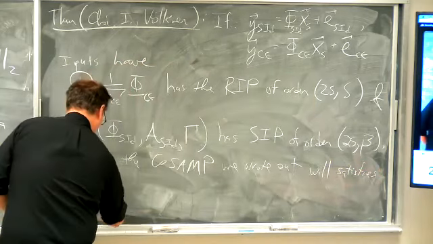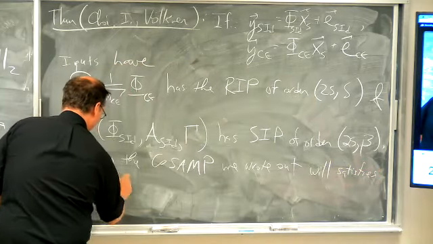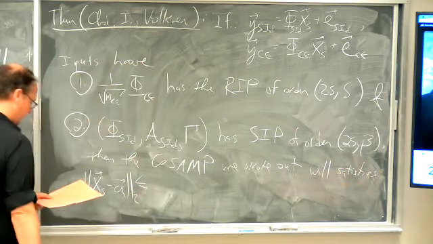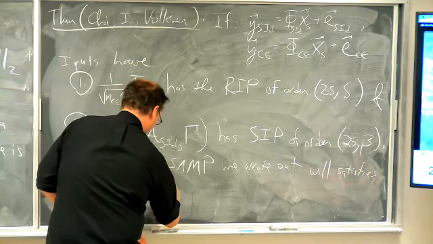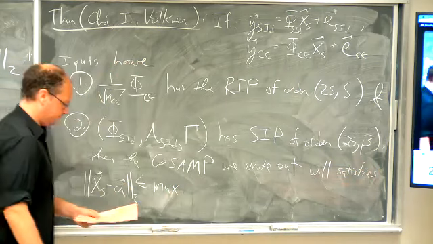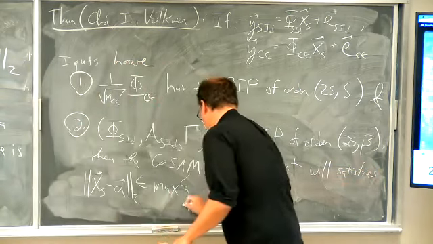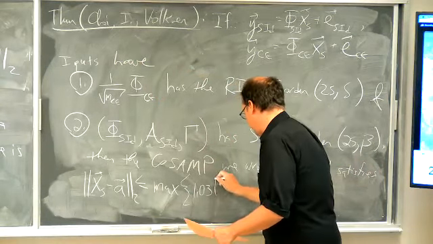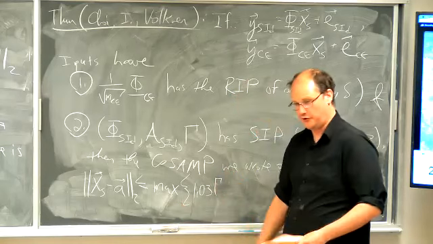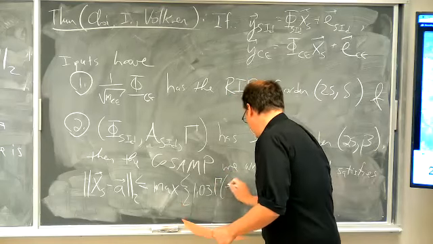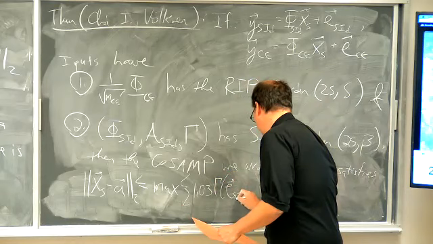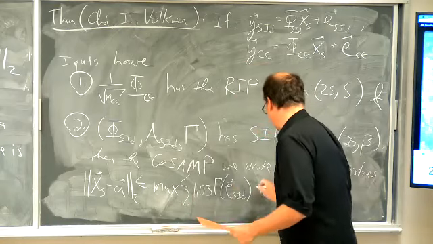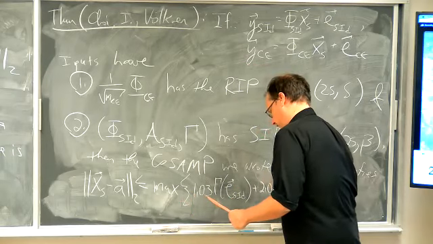So the norm of XS minus the approximation A that is output from this is going to be less than the maximum of, and I'll put explicit constants down because you can get them, 1.03 gamma ESID, whatever this thing is, plus 2.03.